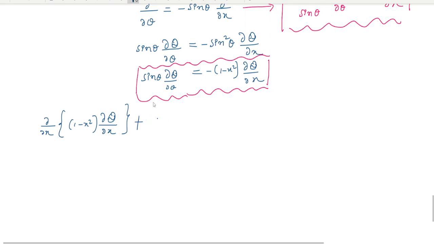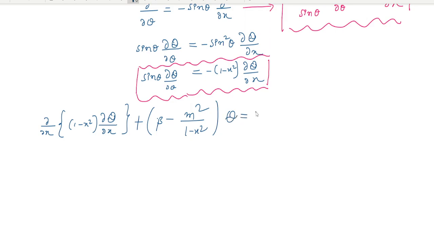So I'm going to use this term, the beta here, minus m square divided by 1 minus x square into theta equal to 0. This is equation number 10.